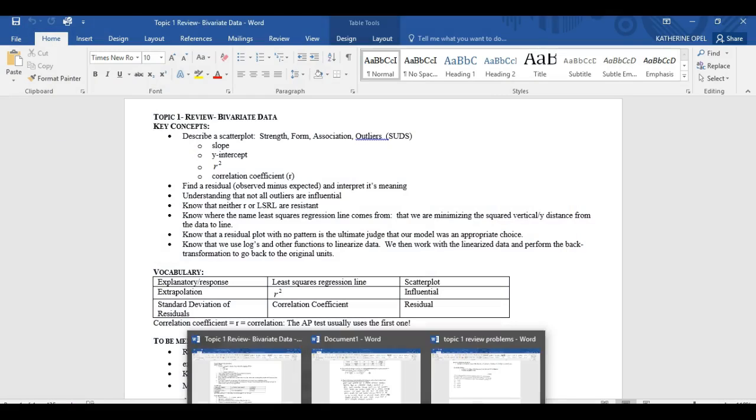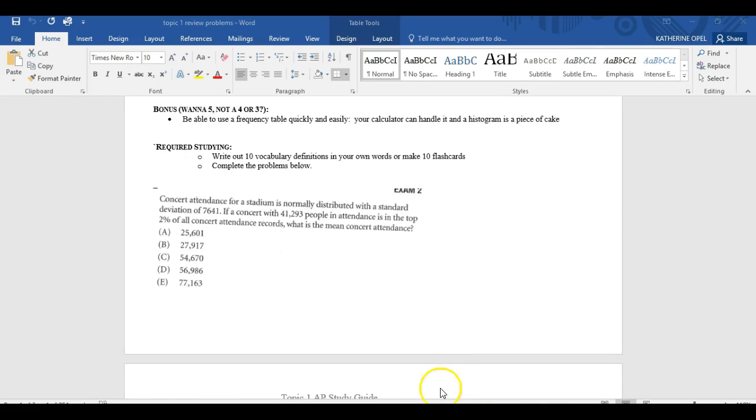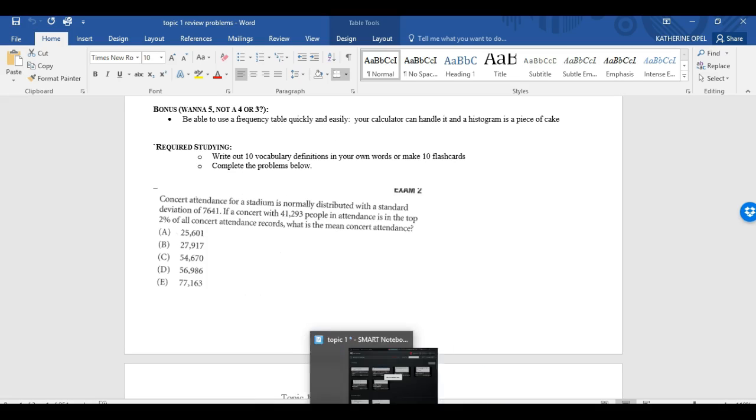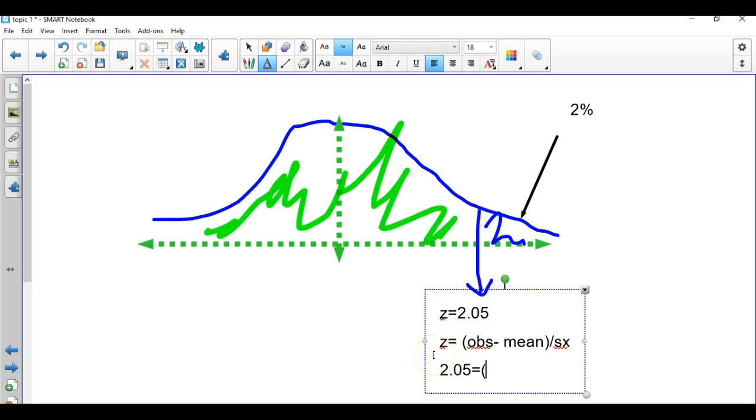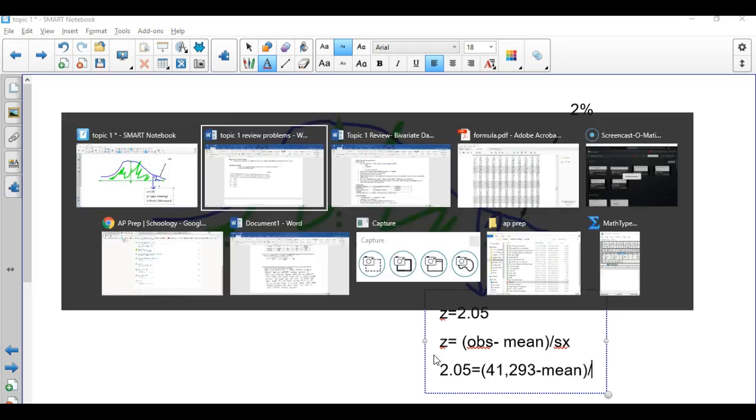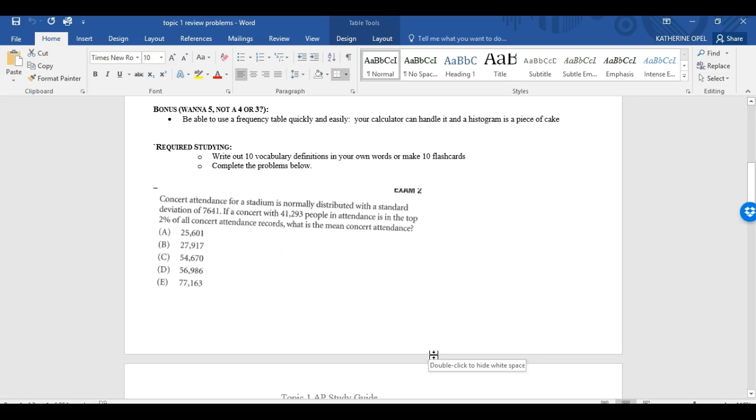Oops, wrong one. It was 41,293. Okay, so let's write that down. 41,293 minus my mean divided by my standard deviation. And my standard deviation was 7,641.